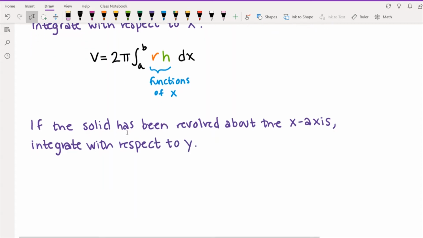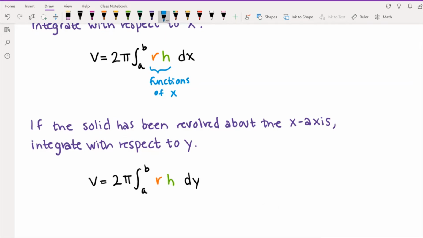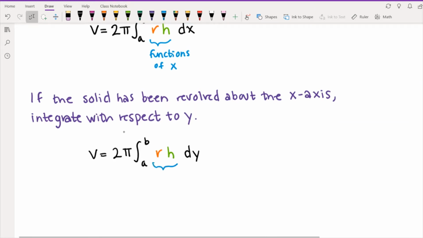And the volume formula is going to look pretty much exactly the same, just with a dy instead of a dx. But what's important to remember is that even though the formula looks identical, in this case, the radius and the height are going to need to be functions of y. We'll do an example in a moment and see how that looks. Those need to be functions of y, and then the bounds also need to be y values.